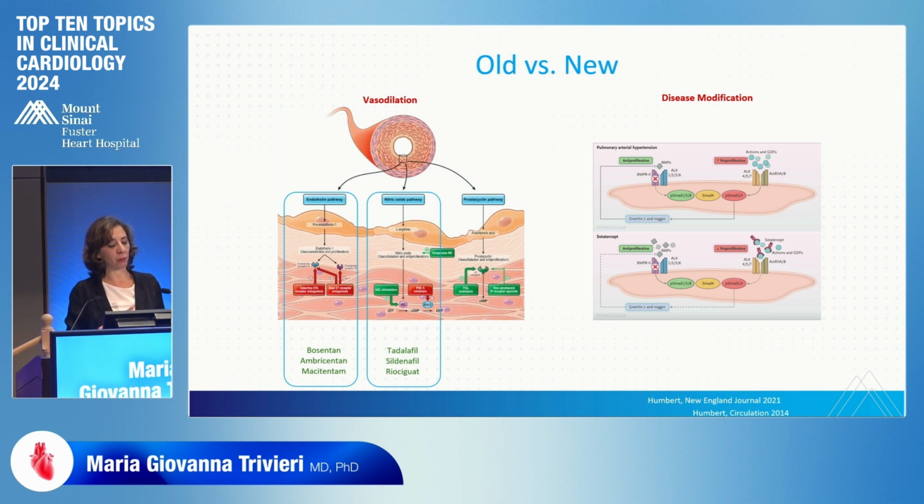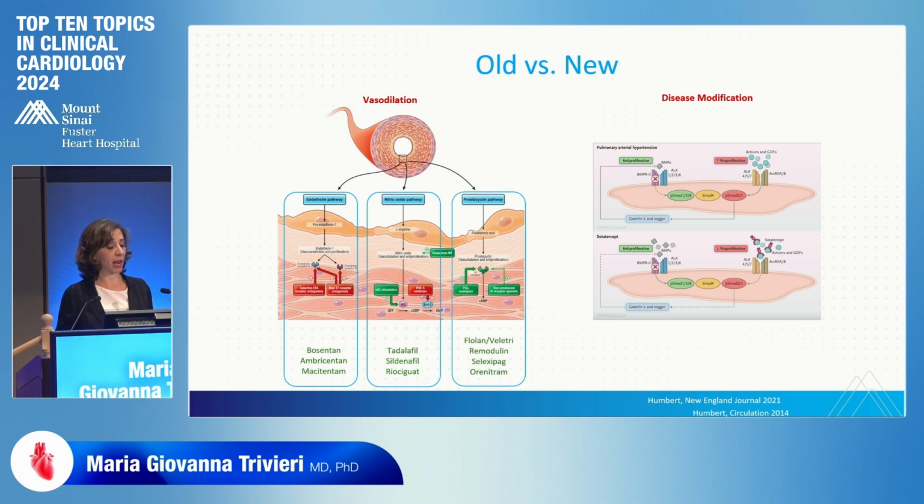Riociguat is considered stronger compared to tadalafil and sildenafil because it acts directly on the guanylate cyclase, so it's not subject to tachyphylaxis. And I'm saying that because sometimes people that have been on tadalafil and sildenafil, if they don't reach their goal or their targets, are switched to riociguat, and they find that this change, even though the drug belongs to the same class, makes a difference in the functional status.